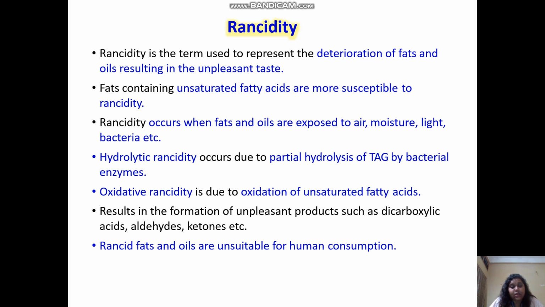Oxidative rancidity is due to oxidation of unsaturated fatty acids. This results in the formation of unpleasant products such as dicarboxylic acids, aldehydes, ketones, etc. Rancid fats and oils are unsuitable for human consumption.